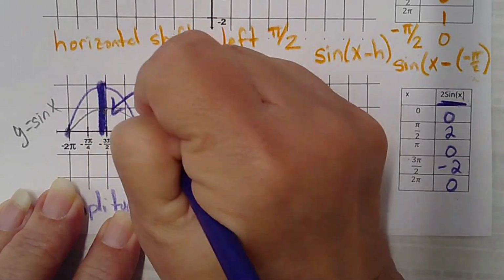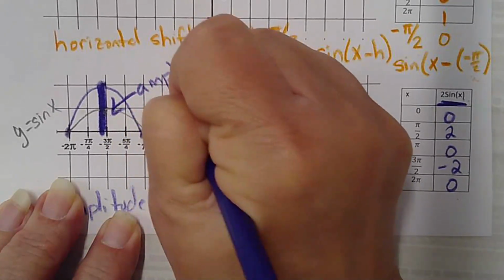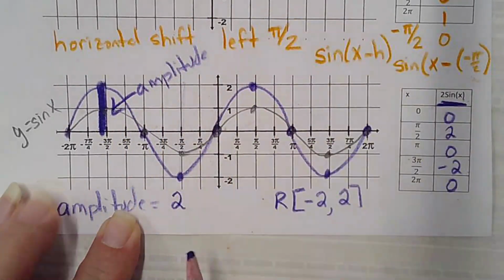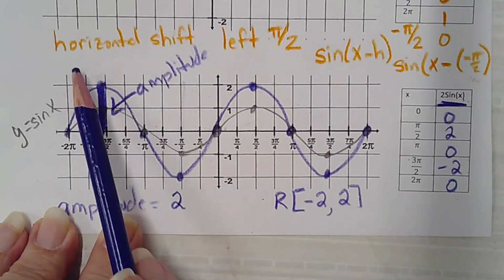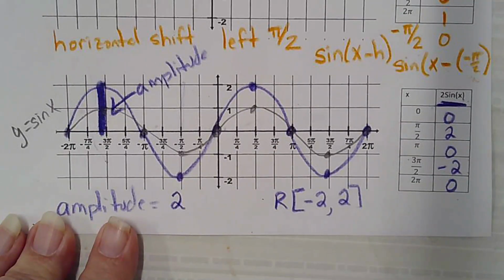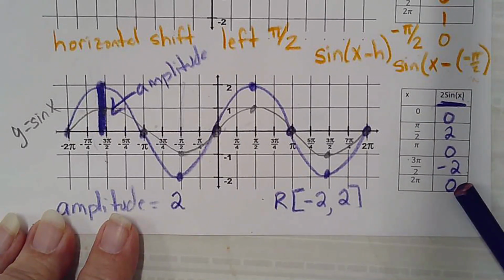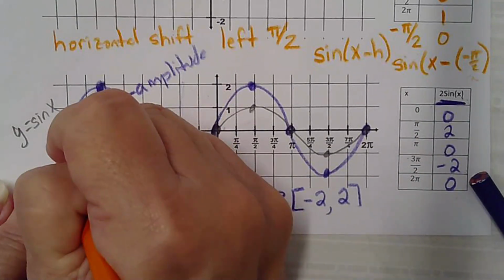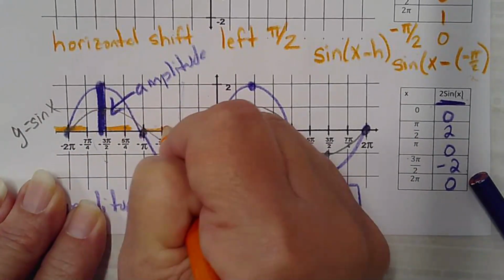This distance is the amplitude. It's halfway between the maximum and the minimum. And your amplitude is always, always positive. Where's your midline? That's still at y equals 0.